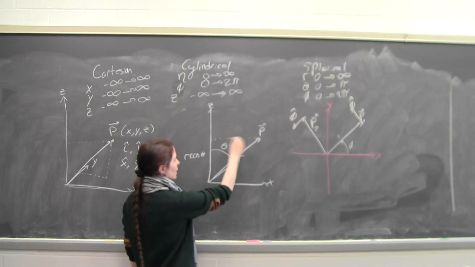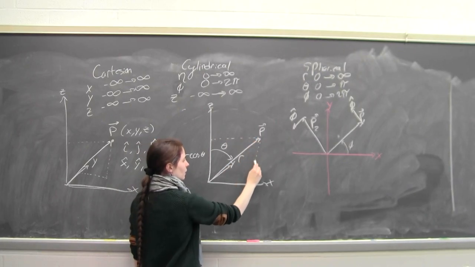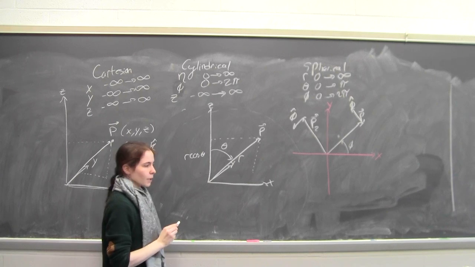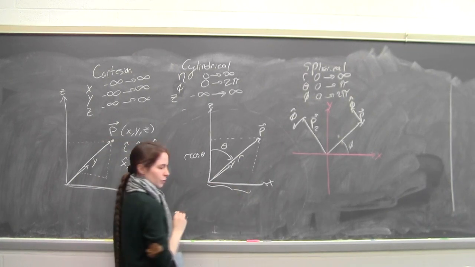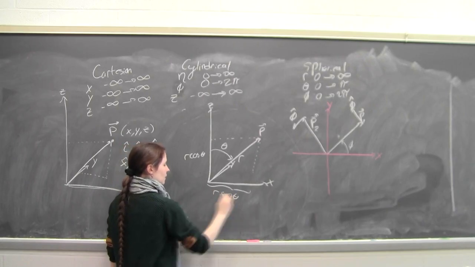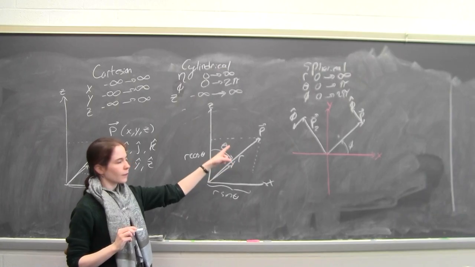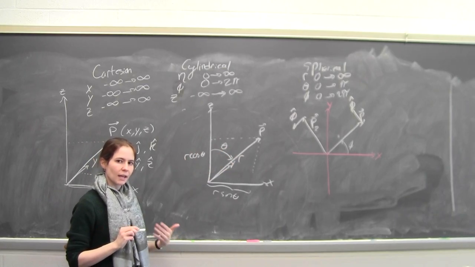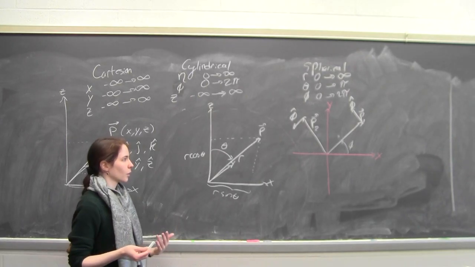Now, if we wanted to project this vector down into the xy plane, we can see that this projection is just going to be r sine theta. So now let's look at the vector p projected into the xy plane so that we can find its x and y components.